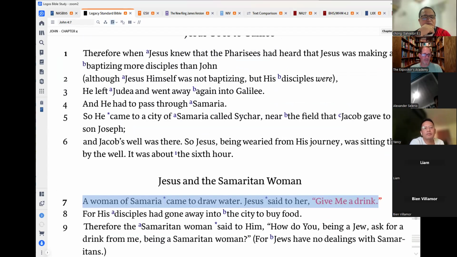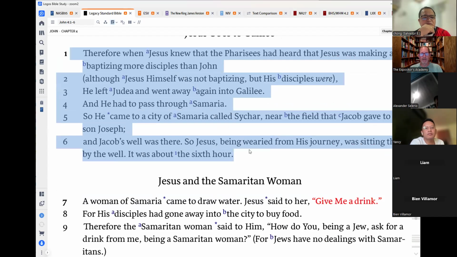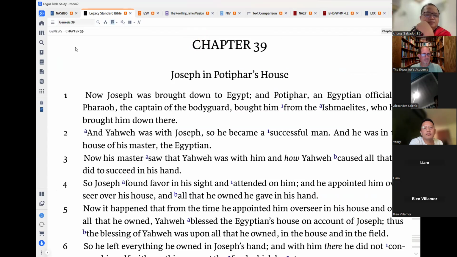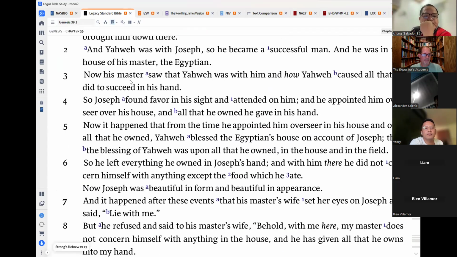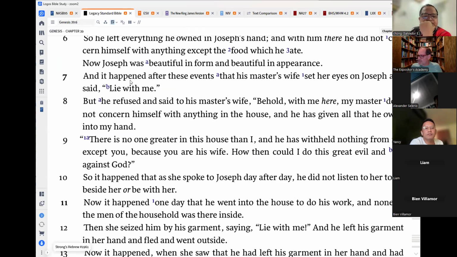But the first 6 verses were really just introducing, setting up the story. And this is pretty common. So I think that's what's happening here in Genesis 39. All right, but any questions about that?